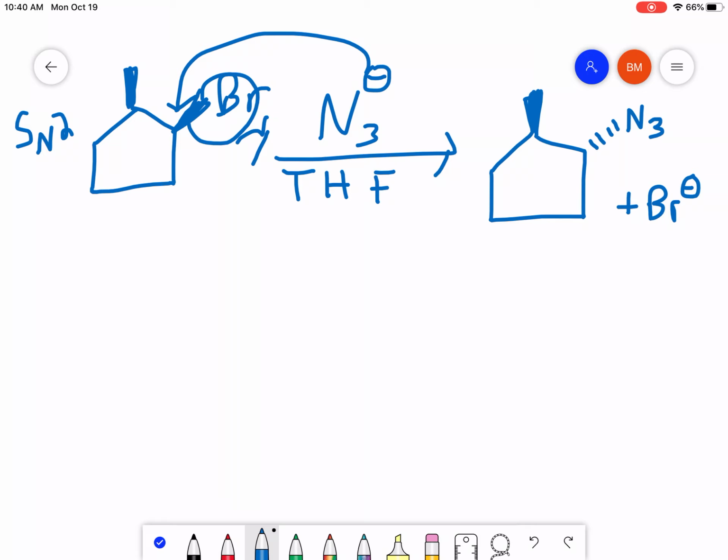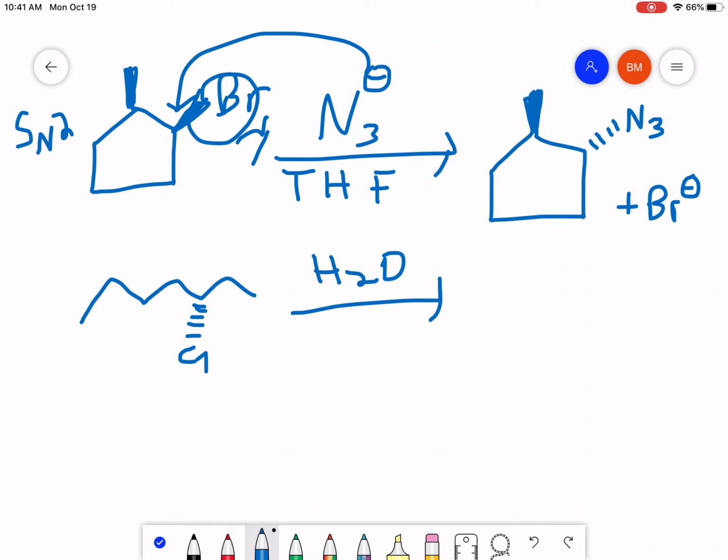Okay? One last one. All right. Now this is another situation where, if you look at it, well, I drew those electrons really badly. Sorry about that.